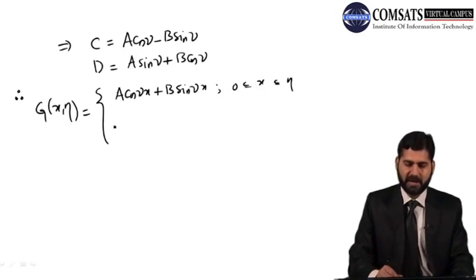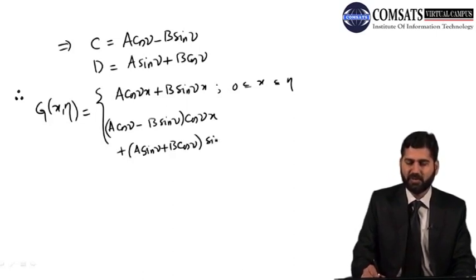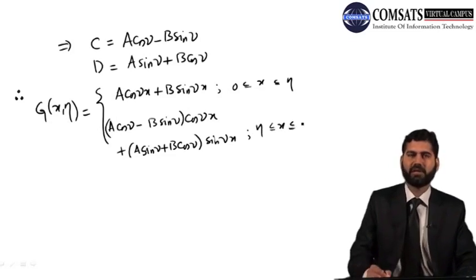So C is replaced by A cos nu minus B sine nu. This is C with cosine nu x, and plus D, and D is A sine nu plus B cosine nu with sine nu x. So this is your second one, eta less than x less than 1.